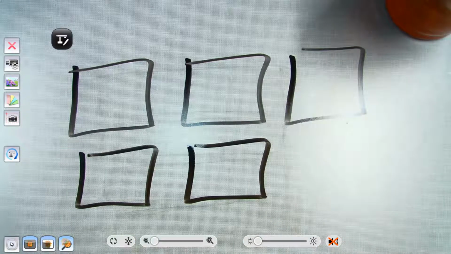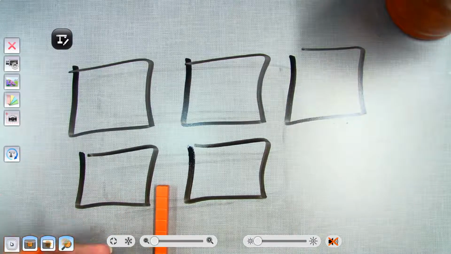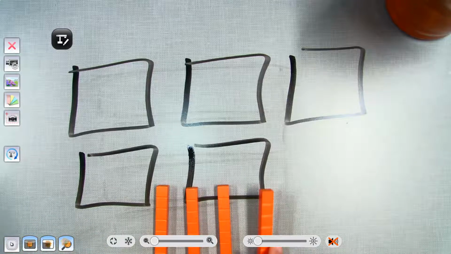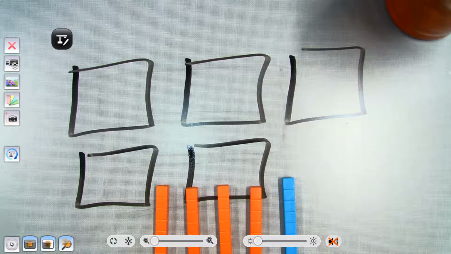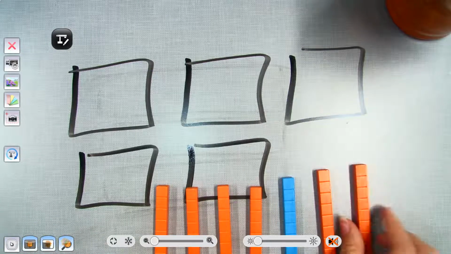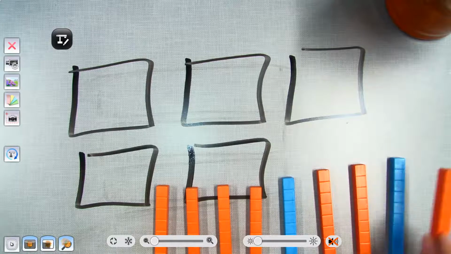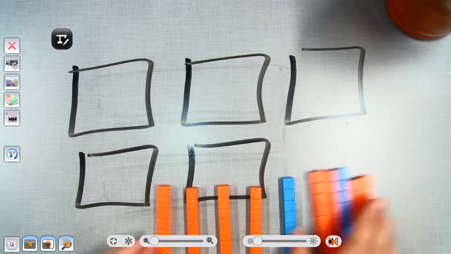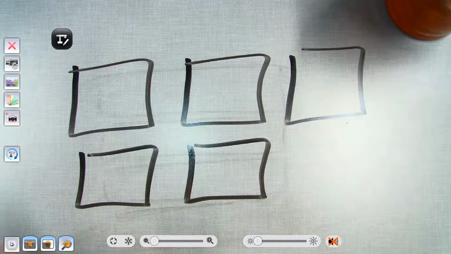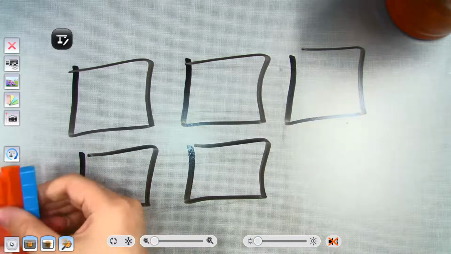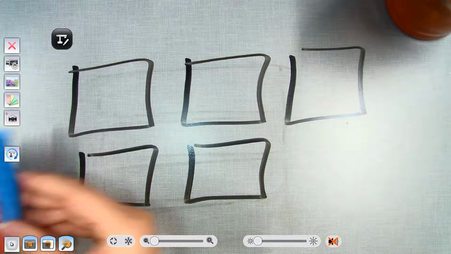Okay, and I have 100. So I have 10, 20, 30, 40, 50, 60, 70, 80, 90, 100. Okay, so 10 10-longs make 100. And I'm going to give each person a 10-long until I have no more hundreds.